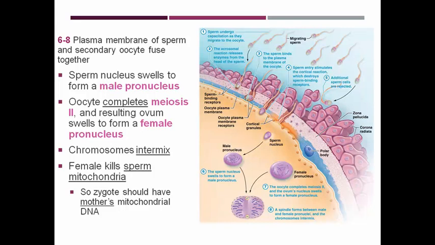Those two pronuclei begin to come together. They intermix together. That allows the chromosomes to intermix. The female now kills the sperm mitochondria. So if you're analyzing a zygote, it should have the mother's mitochondrial DNA and not the father's, because the father's mitochondrial DNA were killed when the mitochondria were killed.